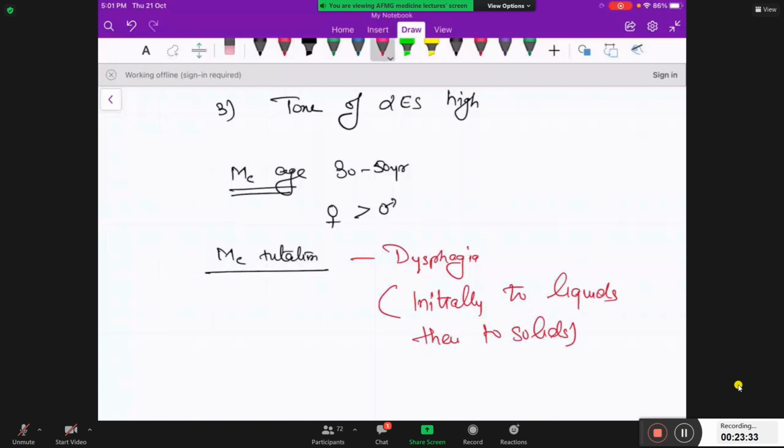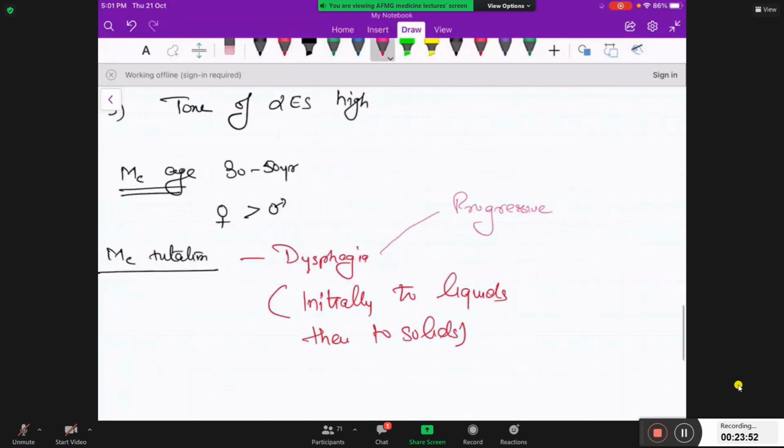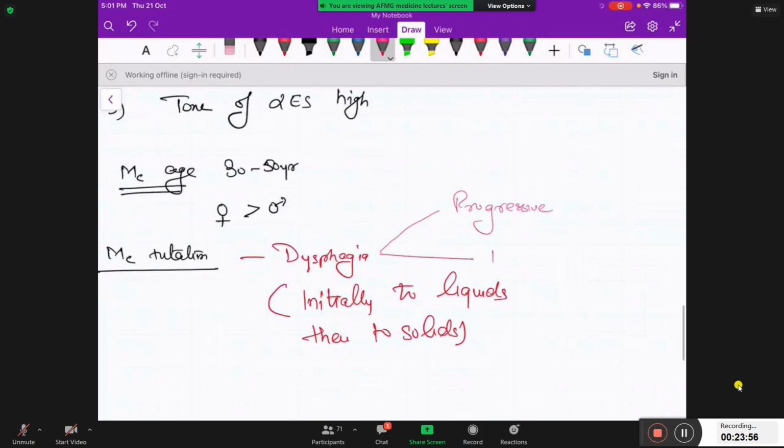Another very important point: the dysphagia of achalasia cardia is usually a progressive dysphagia, but it can also be non-progressive.